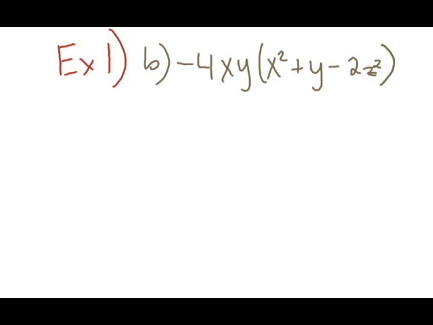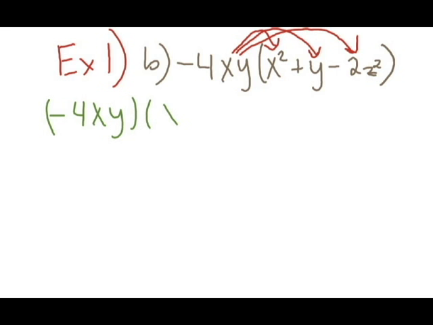So you're going to be multiplying that negative 4xy to all 3. Let's multiply the negative 4xy times x squared first.